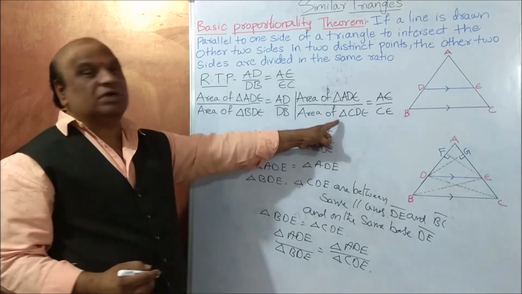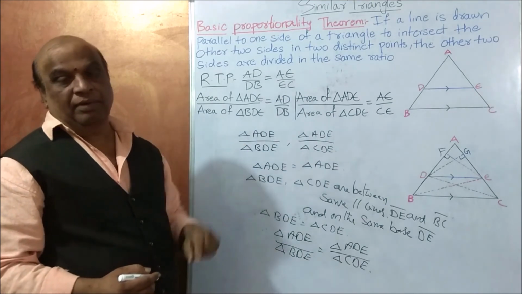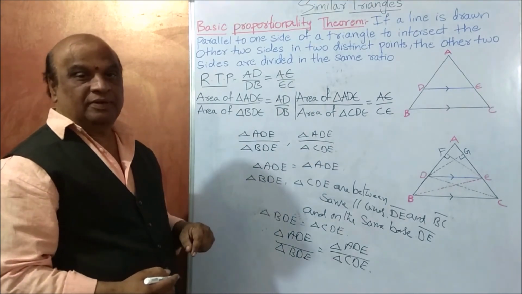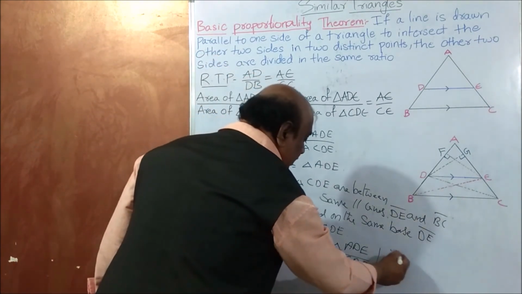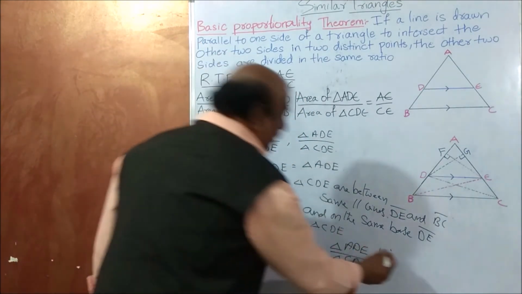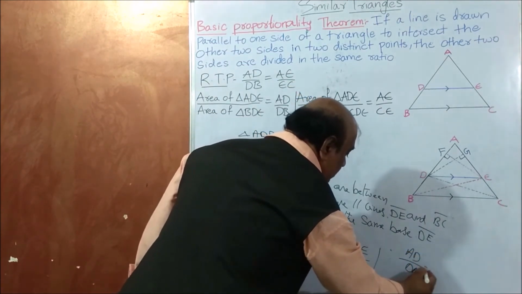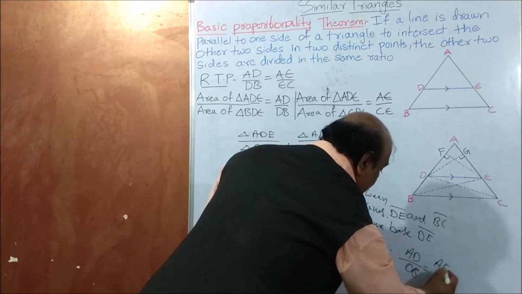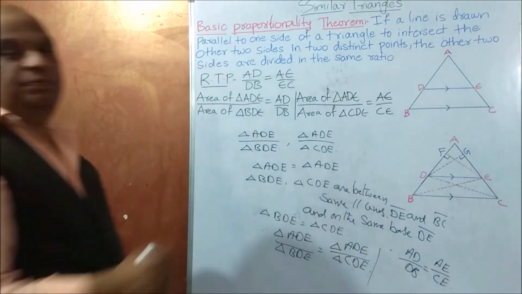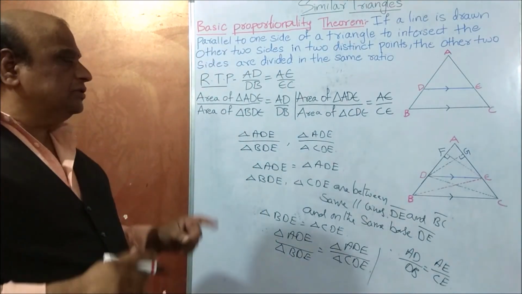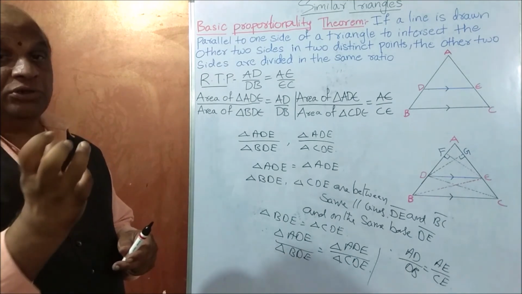When these two ratios are equal, automatically AD by DB is equal to AE by CE. Therefore, I will write here, therefore AD by DB is equal to AE by CE. Hence proved. So my dear students, totally this logic is we have to arrange the ratio of triangles.